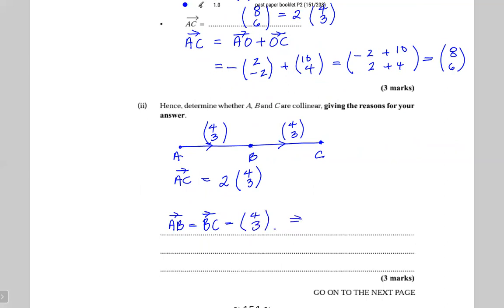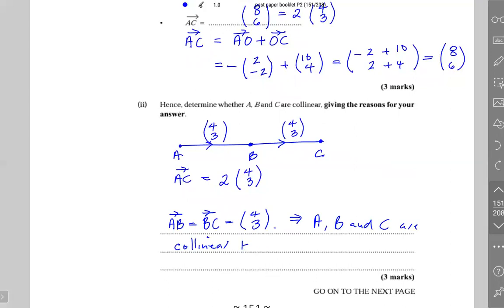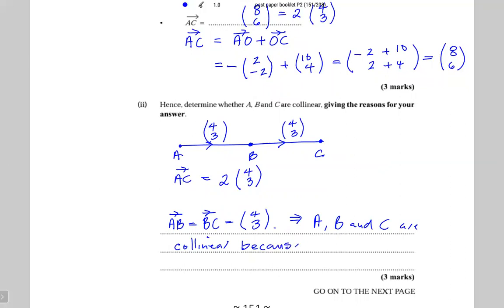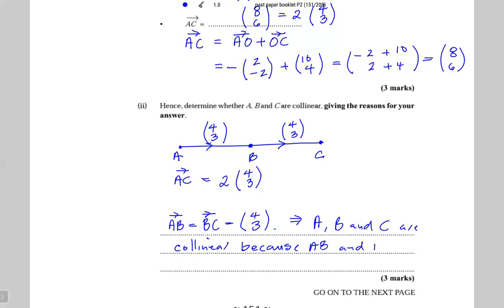So therefore, A, B, and C are collinear because AB and BC are parallel and they share a common point.